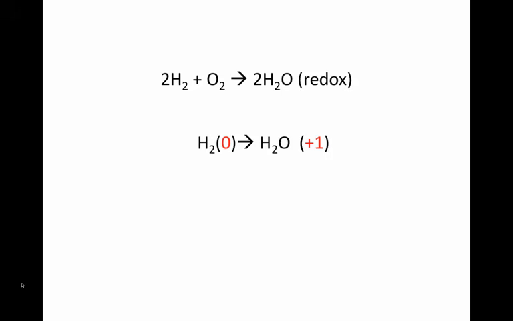That is, the oxidation state has increased. The hydrogen has lost its share of electrons, and therefore we say the hydrogen has been oxidized. Conversely, the oxygen started out as 0 in its elemental form and is now in the -2 oxidation state. That is, it's gained a share of electrons during the reaction, and so we say the oxygen has been reduced.